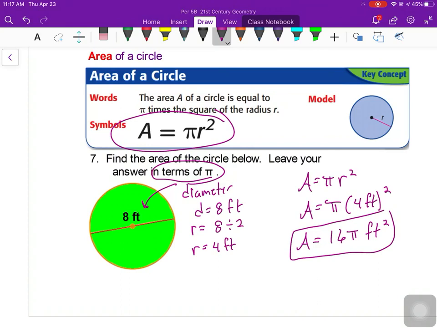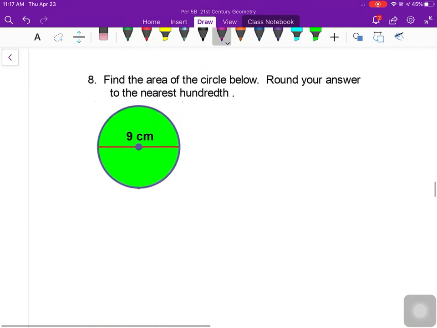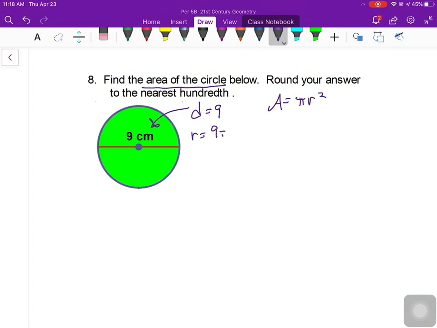Now, sometimes they will have you round, so let's take a look at a problem where we have to round. In this problem, they once again ask us for the area of the circle, so we know we're going to use pi times radius squared. They did give us the diameter was 9, so we'll have to first find the radius. 9 divided by 2, so the radius would be 4.5 centimeters.